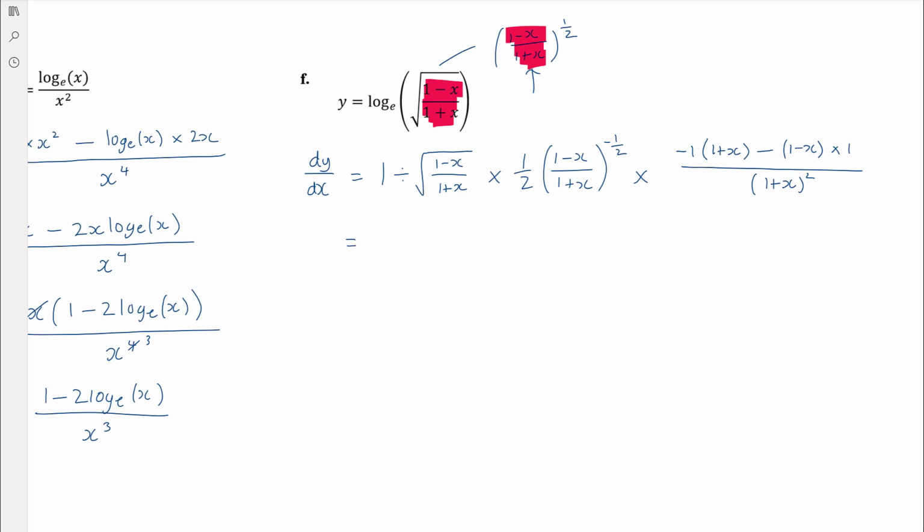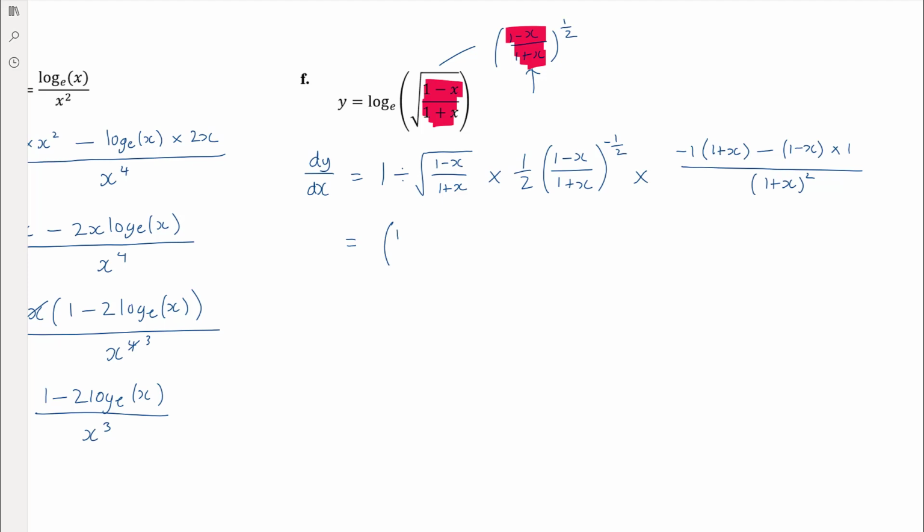Now, 1 divided by the square root of, so this bit here alone is 1 minus x over 1 plus x to the half. If you do 1 divided by that, that's simply making that negative half. We might just write that like that because that's going to work quite nicely with the next part of the function.